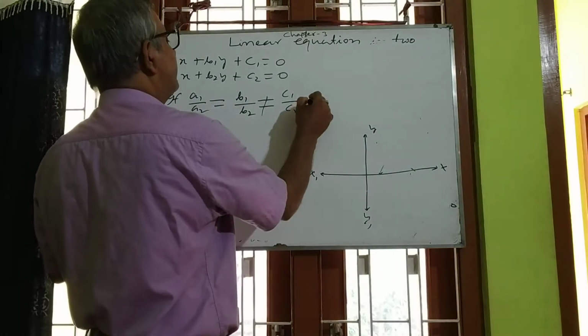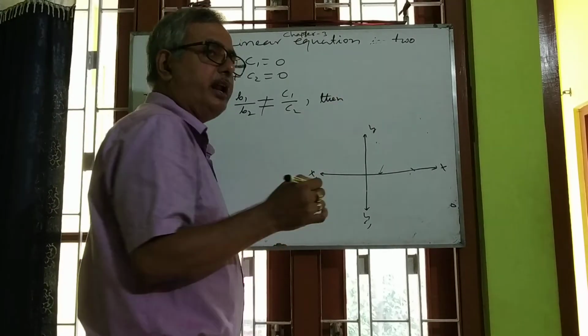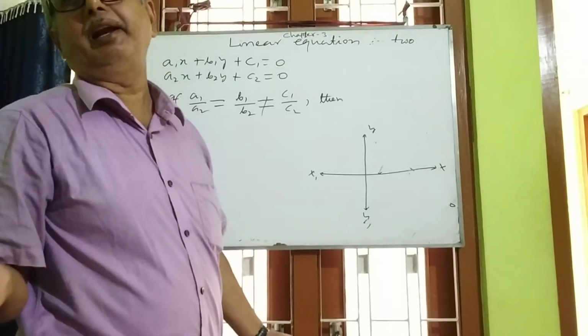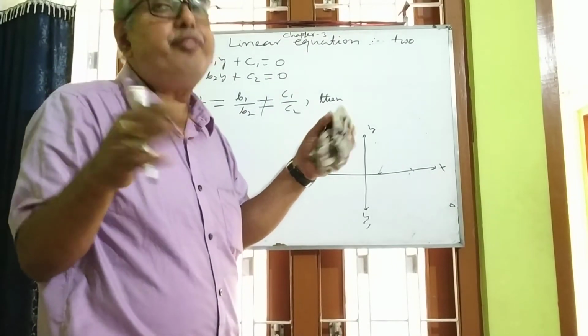Then what will happen? Do you understand? Then lines are inconsistent and parallel. Inconsistent means they will not meet each other, and they are parallel.